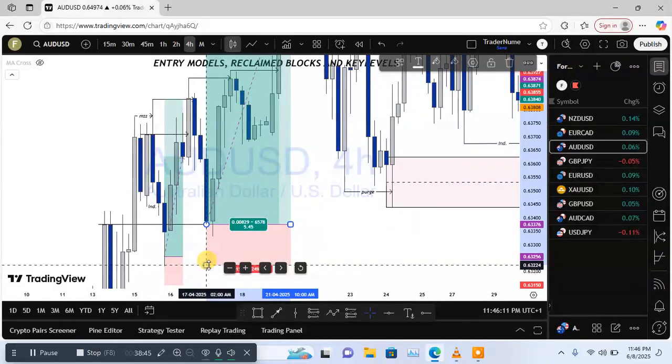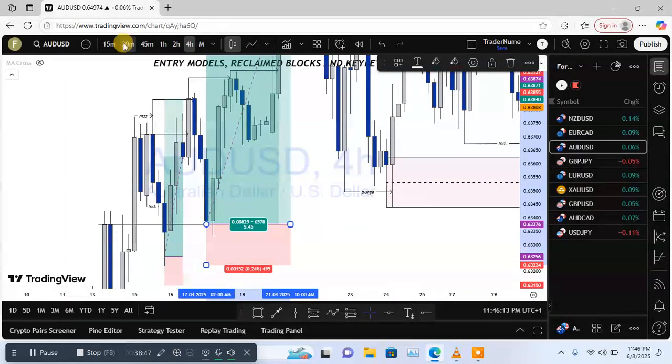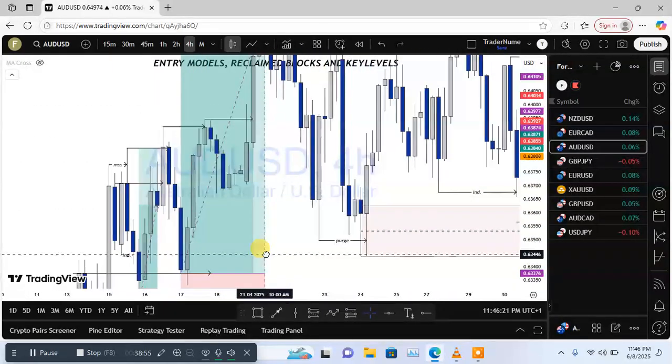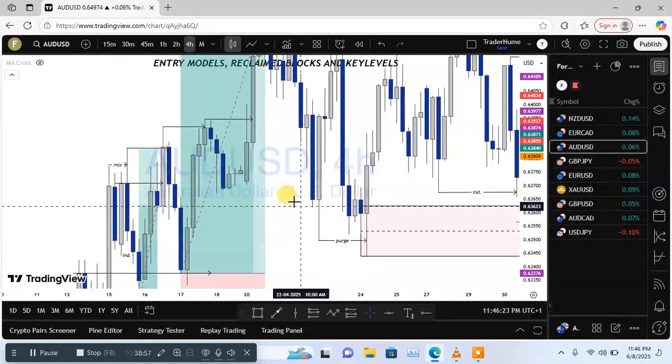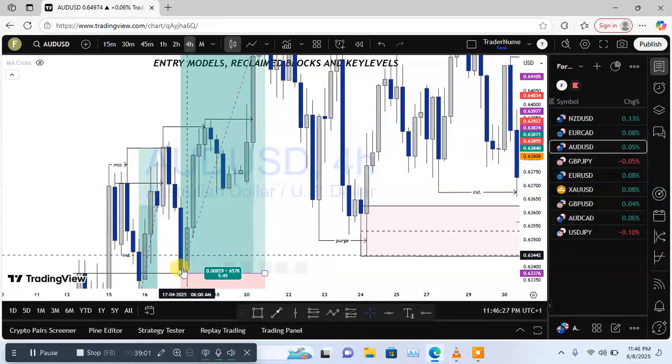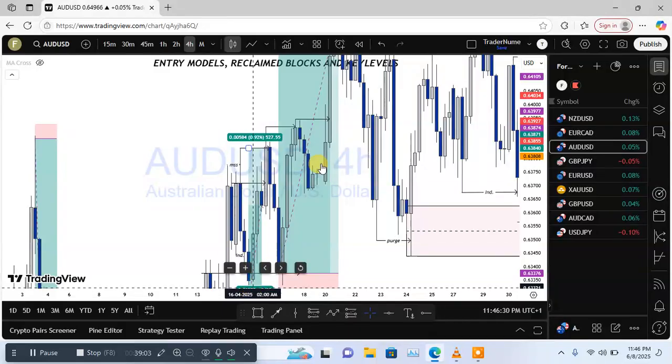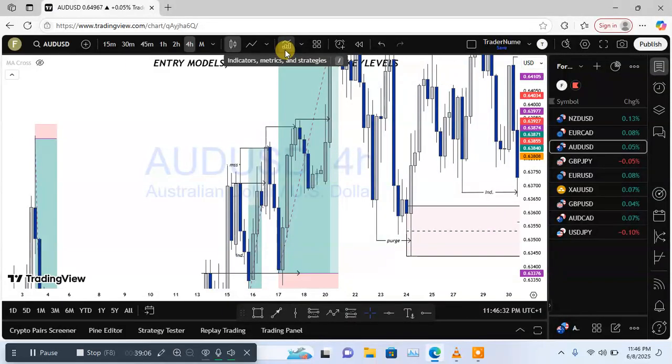So what you have to do is switch to your 30 minutes or 45 minutes or 1 hour to look for entries for the entry models I taught you. Then you enter from there, understand, and buy up. If you want to mark your key levels, I also use key levels after every break of structure.